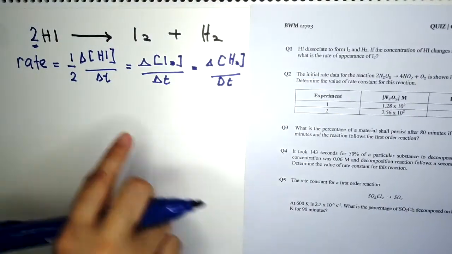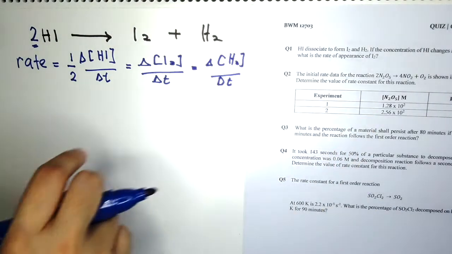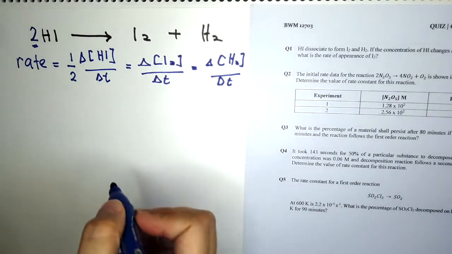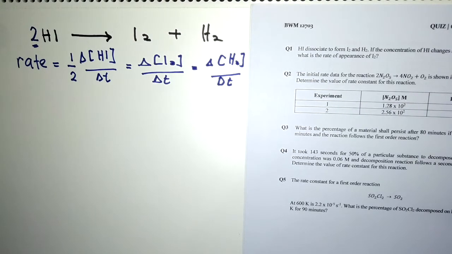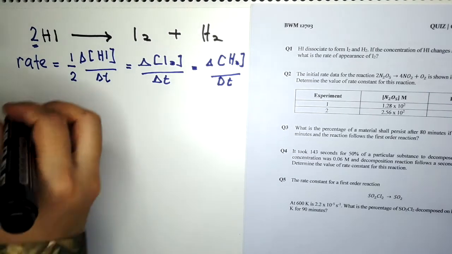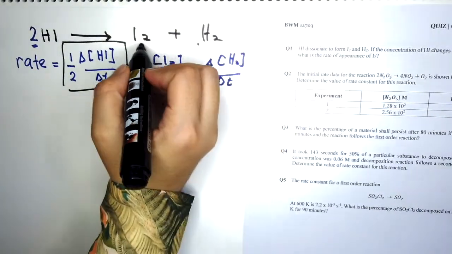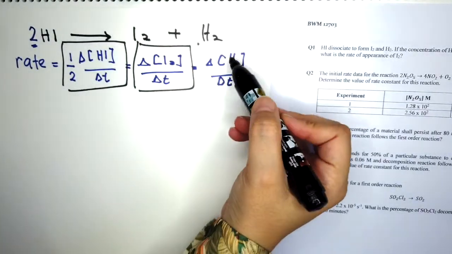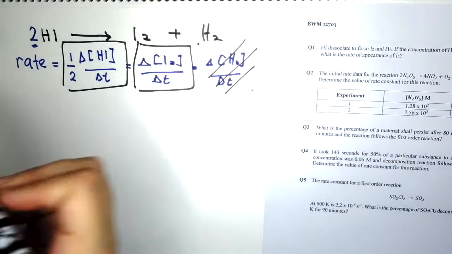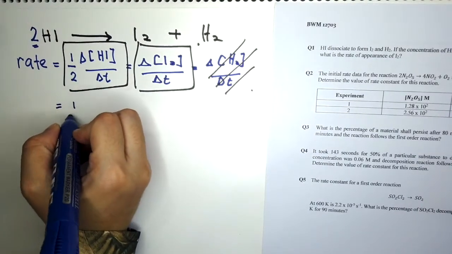You were asked to calculate the rate of appearance for the iodine, so the thing that you need to look at is just these 2, this one and this one, right? Since you were not asked to calculate this one, you can omit this. Okay, and then you just have to write again.